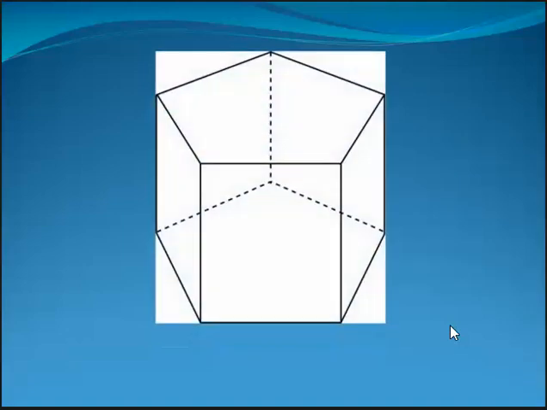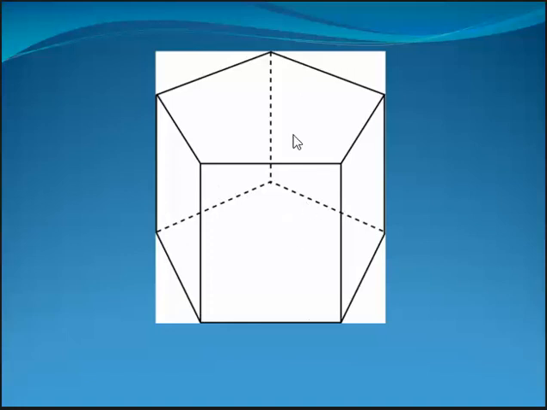Okay, so let's go through some pictures and see if you can determine if they are a pyramid or a prism. Okay, is this a pyramid or a prism? It is a prism. It is a prism because it has two bases. This time it's sitting on the base.